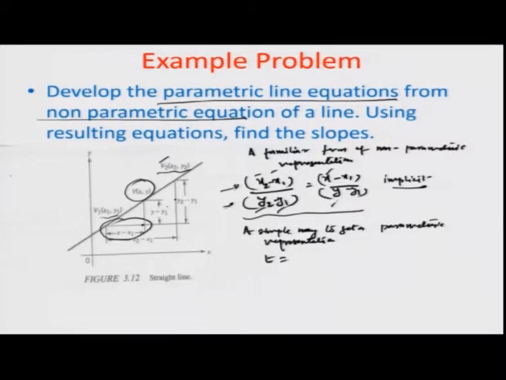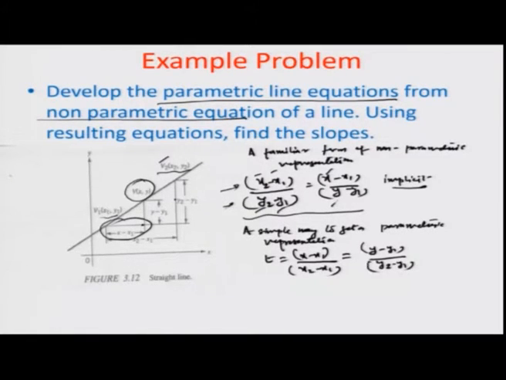So, we say that a fraction representing the extent at which x would be positioned with respect to the whole domain (x2 minus x1) is given by (x minus x1) by (x2 minus x1), and similarly this fraction will not be different, and so this can always be represented by (y minus y1) by (y2 minus y1).